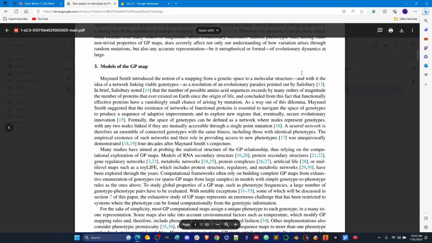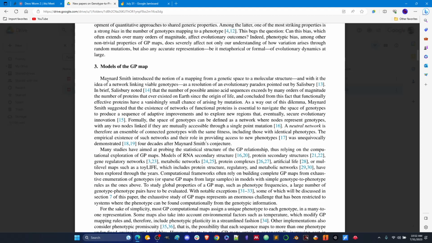So there are different models that people have introduced. Maynard Smith introduced the notion of mapping from a genetic space to a molecular structure. I think we talked about that a couple of weeks ago in a classic paper. And the idea is a network that links viable genotypes.